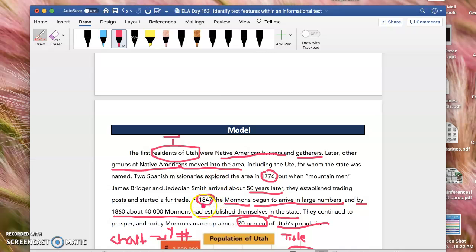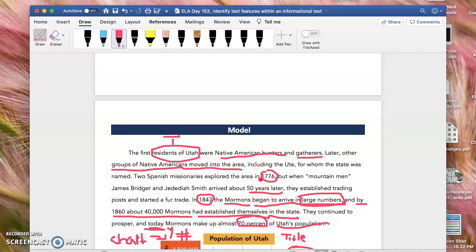But 1847 is what changed the game because Mormons began to move there. This is the key, in large numbers. And then it says they continue to prosper today. Mormons make up almost 70%.